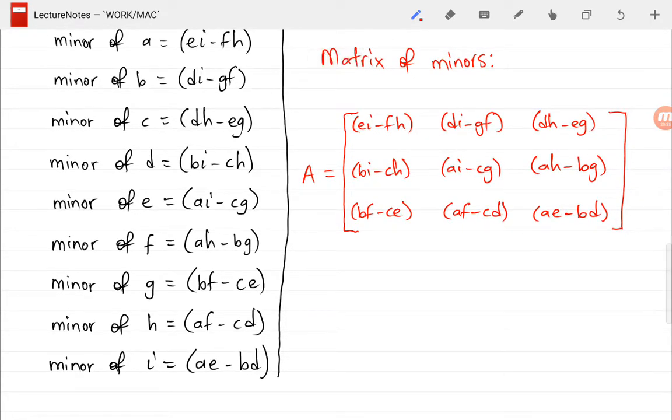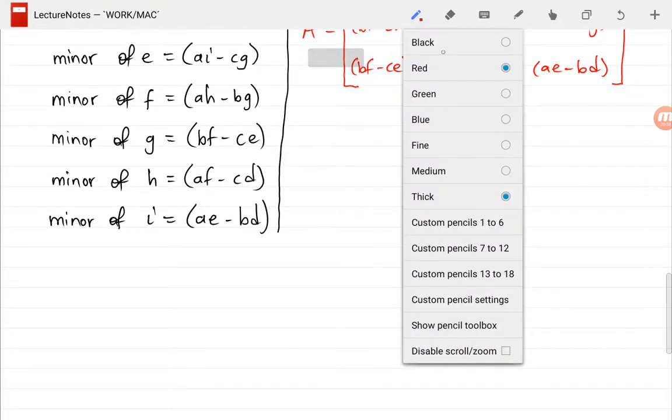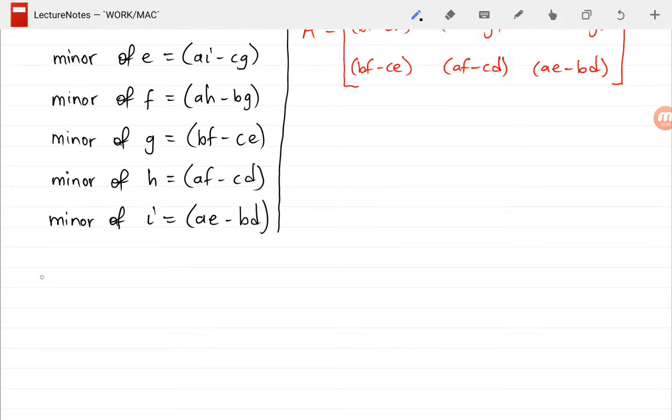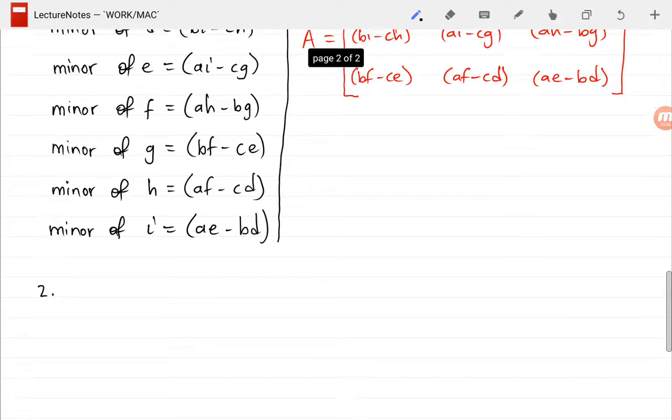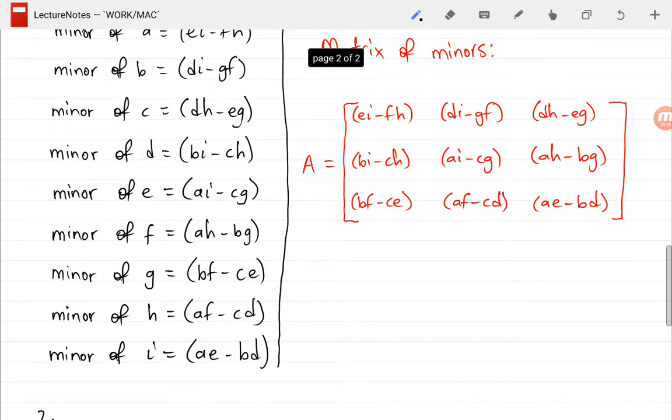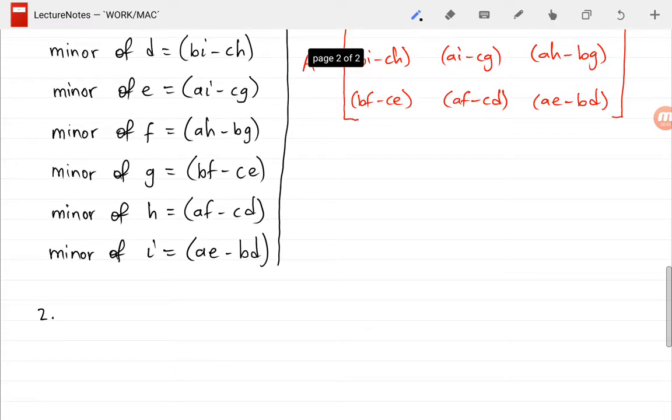So the next step, number 2, I'm going to go back to black, is we have to change this matrix of minors into a matrix of cofactors. So we're going to change from minors to cofactors.